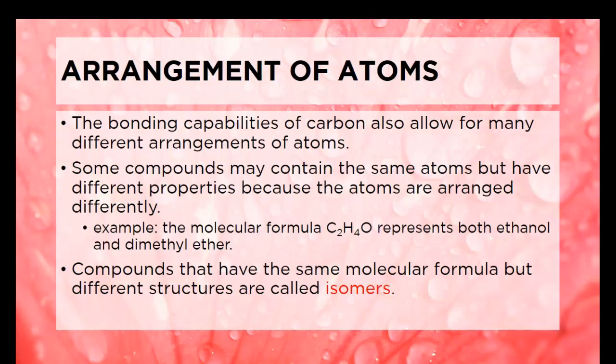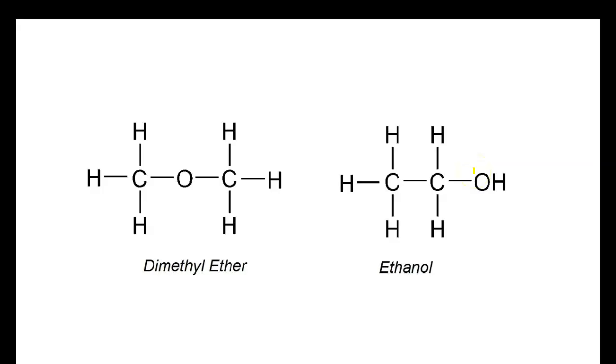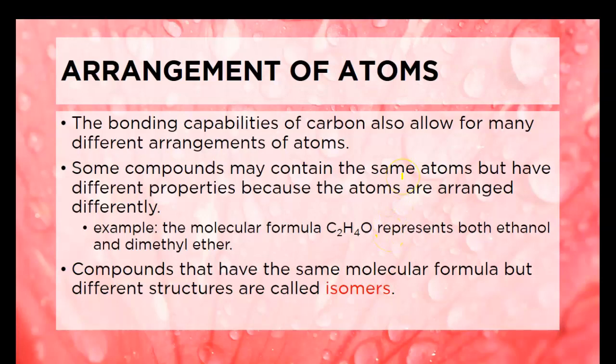Dimethyl ether is on the left, where we have carbons with an oxygen sort of sandwich in the middle, hydrogens all around the carbons. But if we were building these with molecule sets, we could also put the 2 carbons together, throw an OH on the end of one carbon, and fill in the rest with hydrogens, and we would have ethanol. But notice both are the same molecular formula technically.